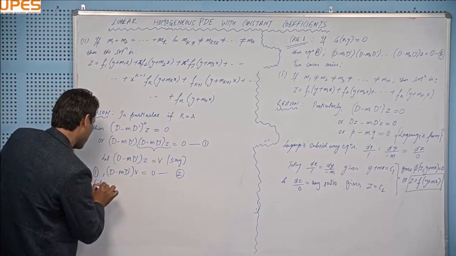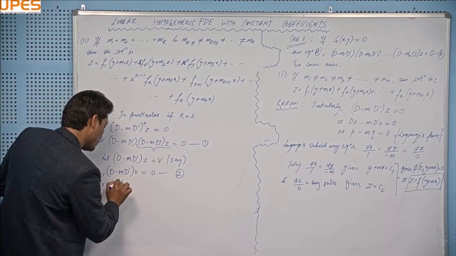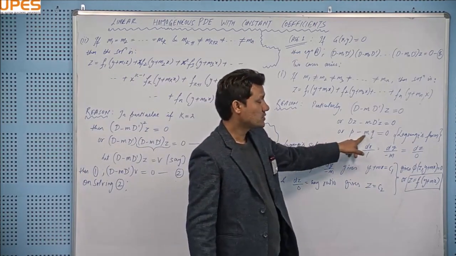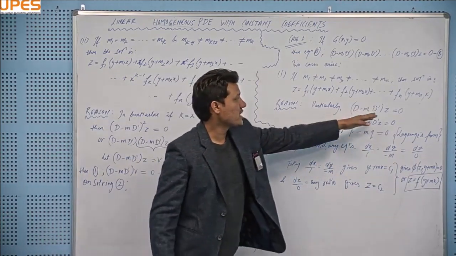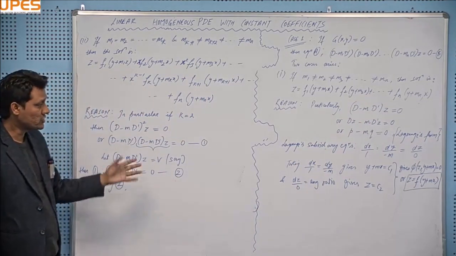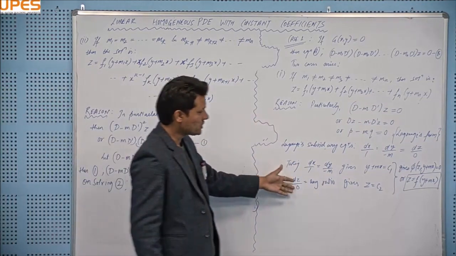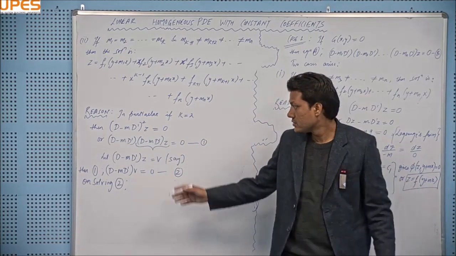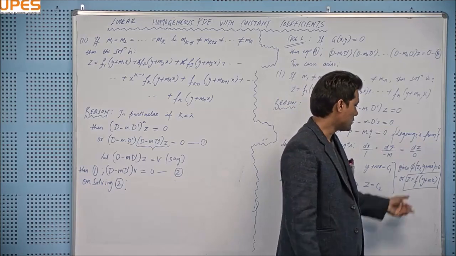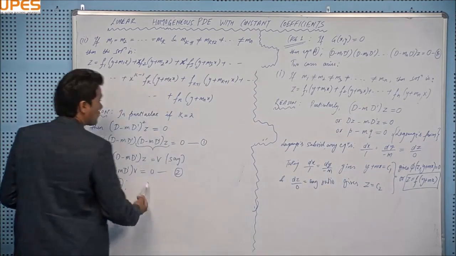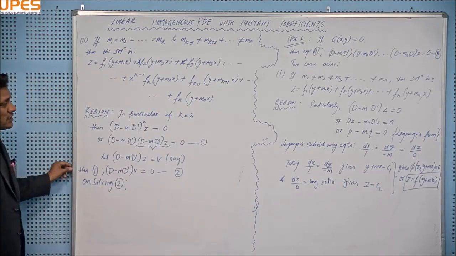On solving equation number 2, which is again of the same form as Lagrange's form, see this, (D − mD') z, in place of z I have v. So obviously the solution will be similar, and the solution will be v = f(y + mx). Z is replaced by v because the dependent variable this time is small v.